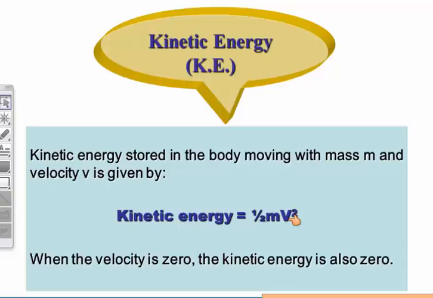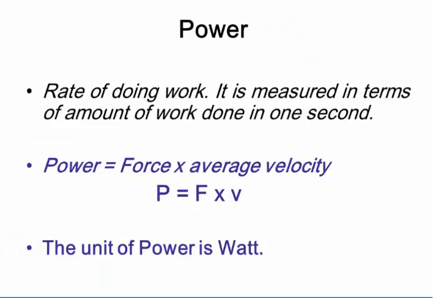It's half times the mass times the velocity squared that will allow us to work out our kinetic energy. So when the velocity is 0, the kinetic energy is also 0. Fairly simple basics, but without these, when we start talking about other parts later on in the course, we need to understand what's happening here.